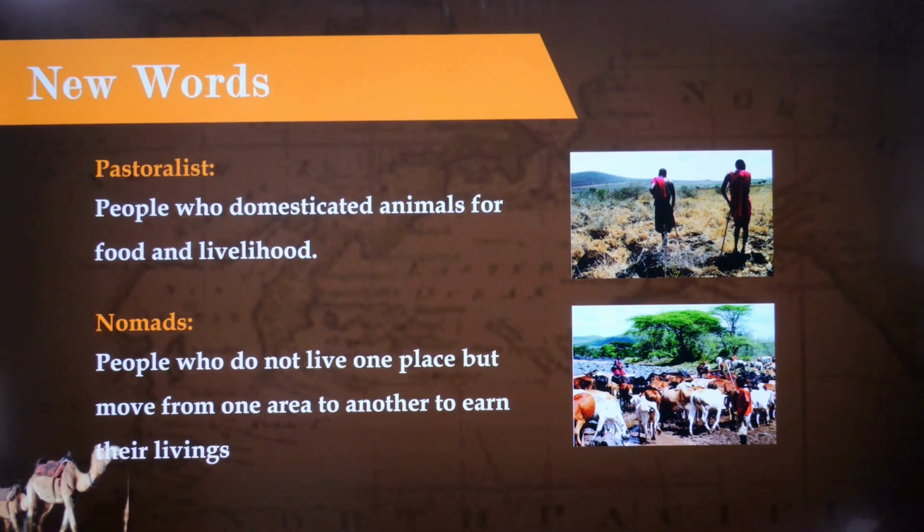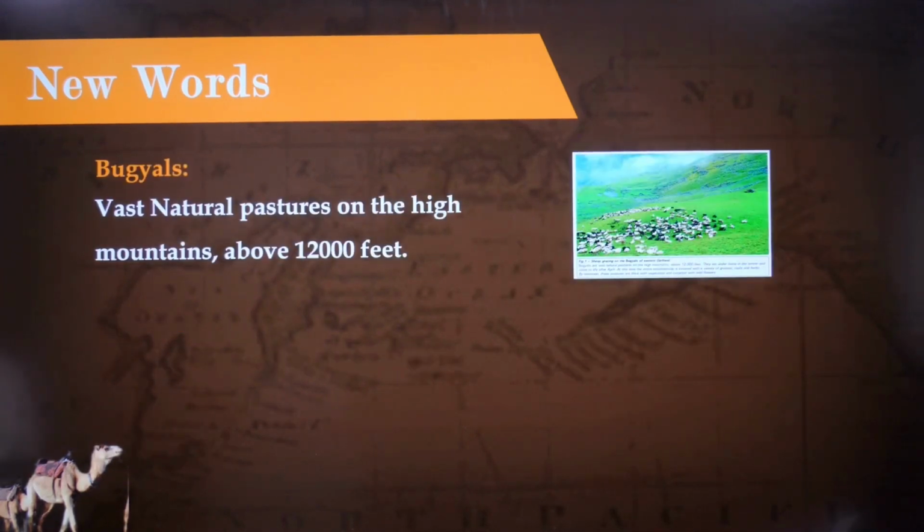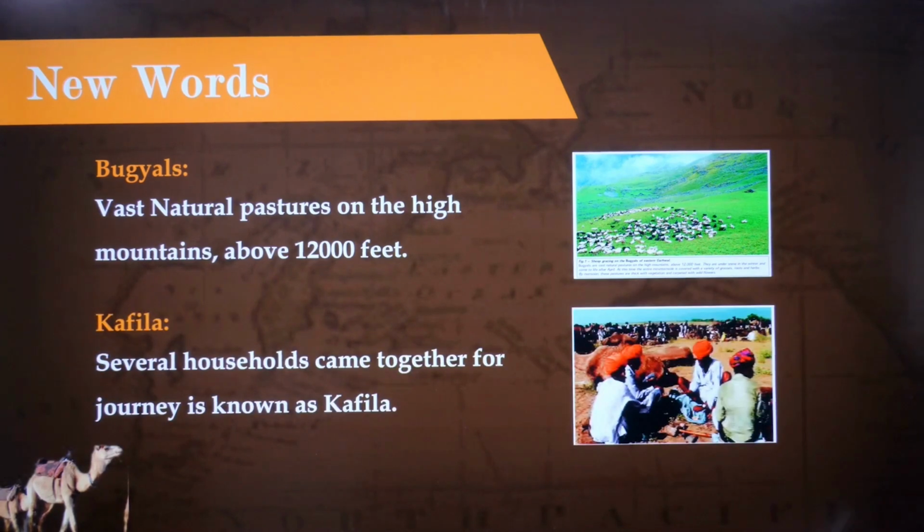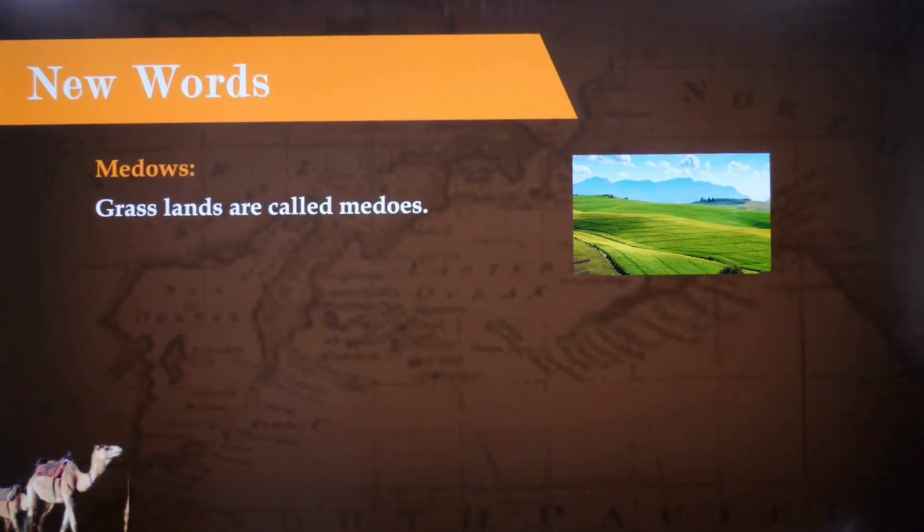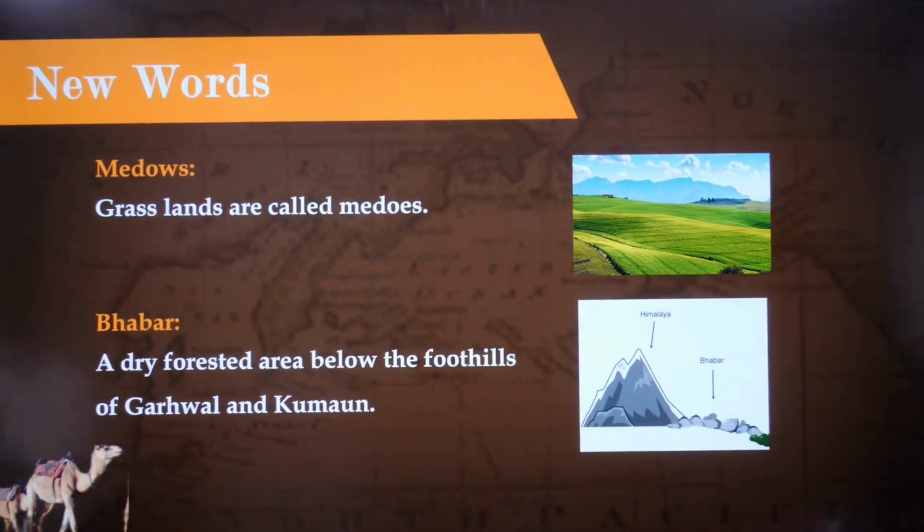Next, bugyals, vast natural pastures on the high mountains about 12,000 feet. And kafila, several households came together for a journey is known as kafila. Meadows, grasslands are called meadows. And then Bhabar, a dry forested area below the foothills of Garhwal and Kumaon.